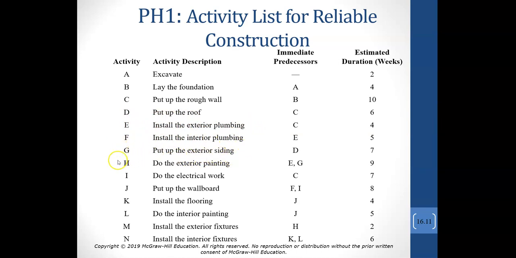So this activity, activity H, has two immediate predecessors that have to have finished before we can begin activity H. And if you look through it, it just shows you how each one of these activities is reliant upon a previous or predecessor before it can begin its stage. And then we have the estimated duration for each one of the activities.